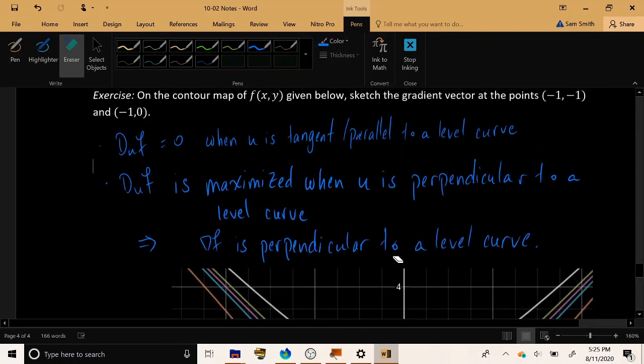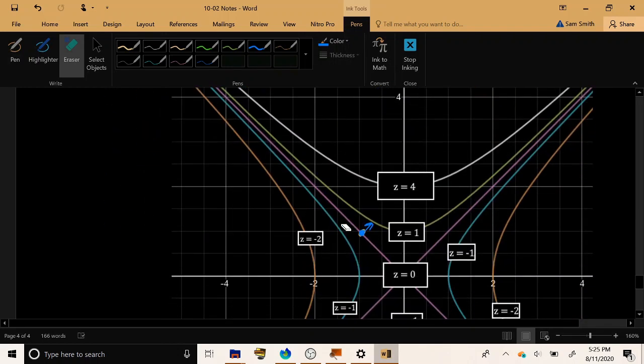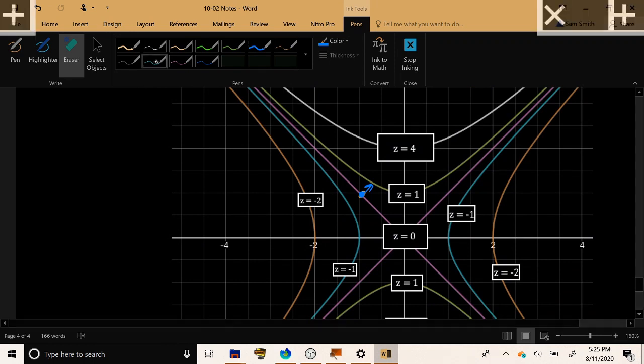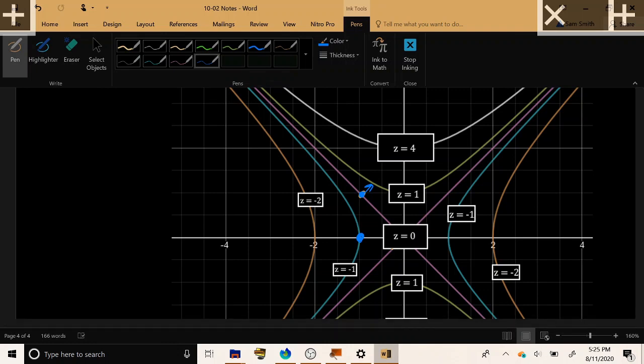All right, let's try it again with the point (-1, 0), which I will draw right here. Now, as before, the gradient vector points perpendicular to the level curve that you're sitting on. It could point either to the left or to the right.